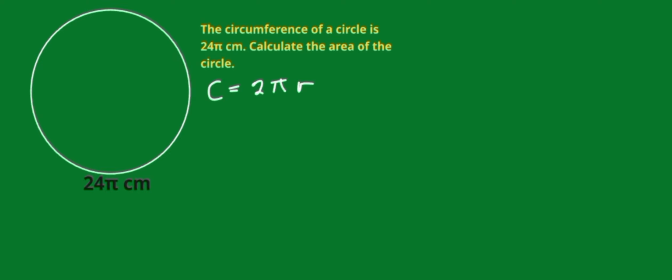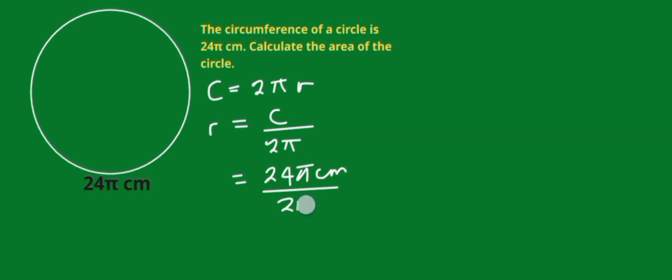And this simply follows that the radius is going to be the circumference divided by twice of pi. And in this case, the circumference being 24 pi, the radius will be 24 pi centimeters divided by 2 pi, bringing the radius of this circle to 12 centimeters.